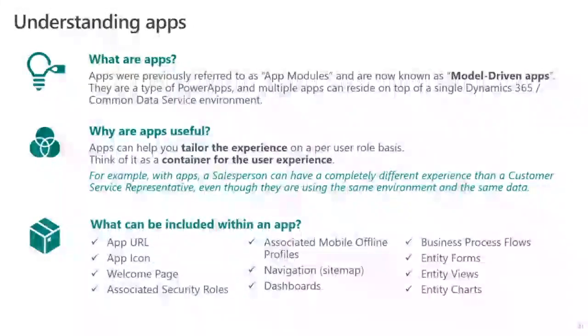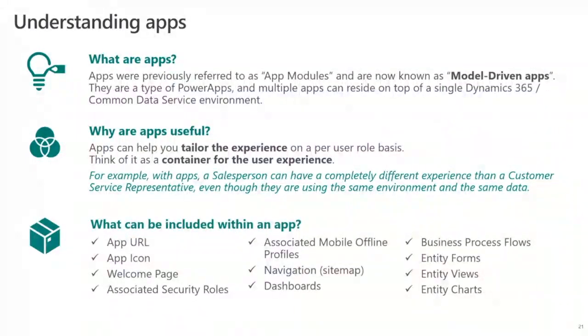You can associate security roles with an app, and that's how you make sure that, for example, your sales people access the sales app and customer service people access the customer service app and don't see the other apps and don't get confused. You can associate mobile offline profiles, to really target mobile scenarios where users will need to access the data offline while using the mobile app.